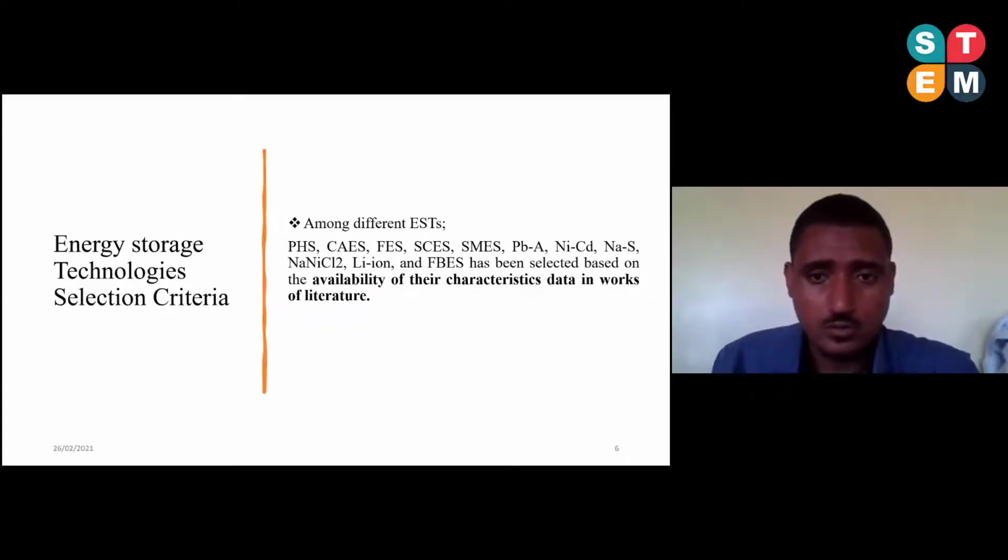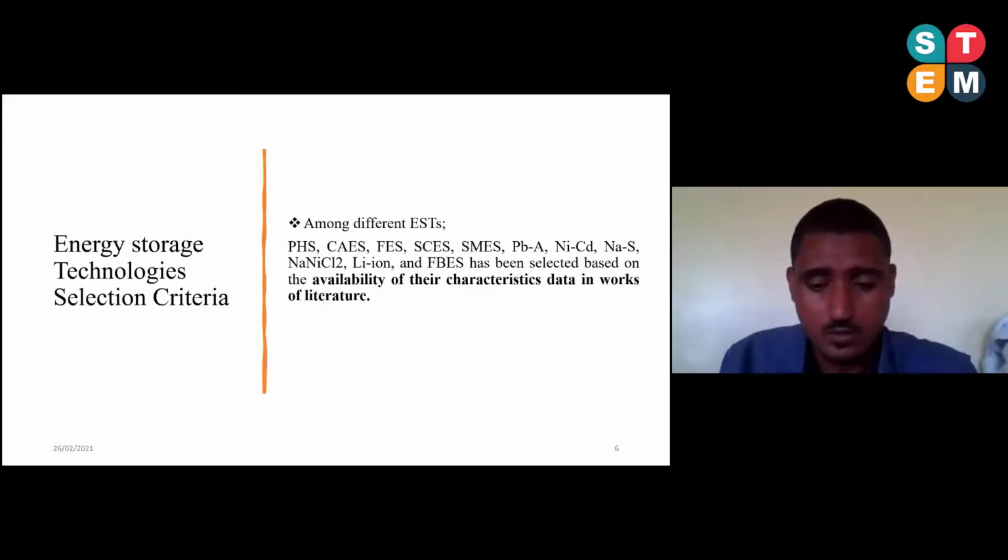The pumped hydro storage is one of our selections, along with compressed air energy storage, flywheel, supercapacitor, superconducting magnetic energy storage, lead acid, nickel cadmium, sodium sulfur, sodium nickel chloride, lithium ion, and flow battery, selected based on the availability of their performance characteristics.